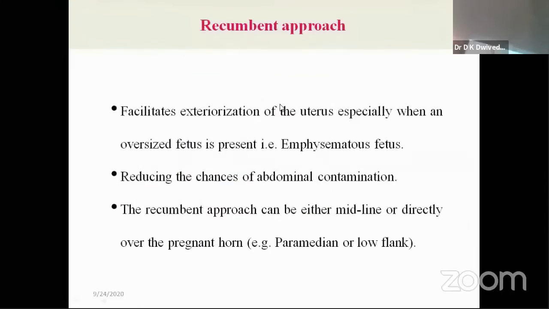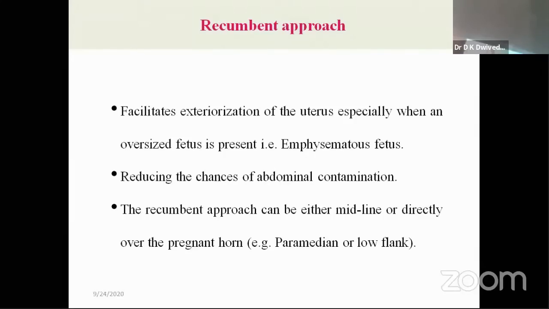Now, if you see the recumbent approach, you can easily exteriorize the gravid uterus from the abdominal cavity. This is the benefit of the recumbent approach. If you are able to exteriorize the gravid uterus from the abdominal cavity, there will be decreased chances of abdominal contamination, so there will be less chance of peritonitis.